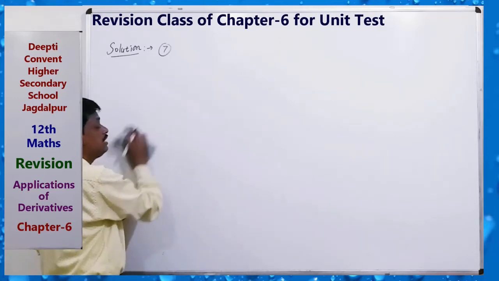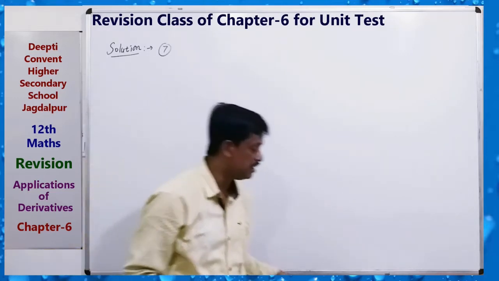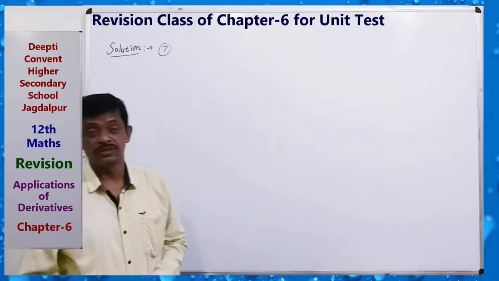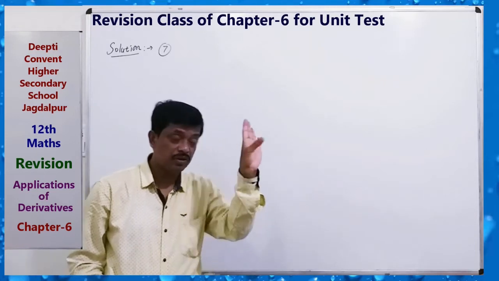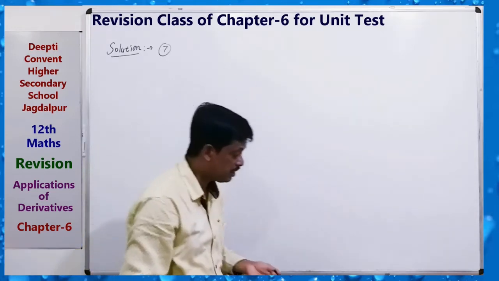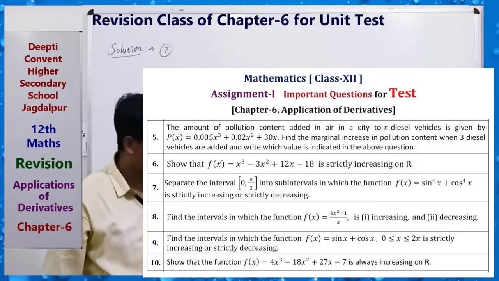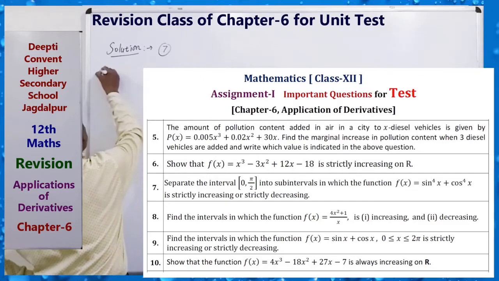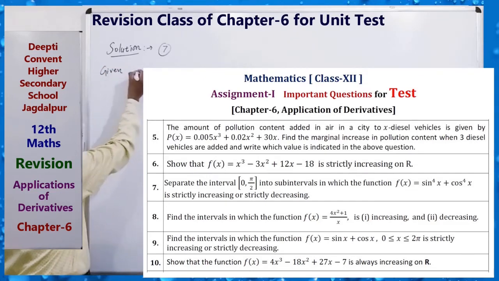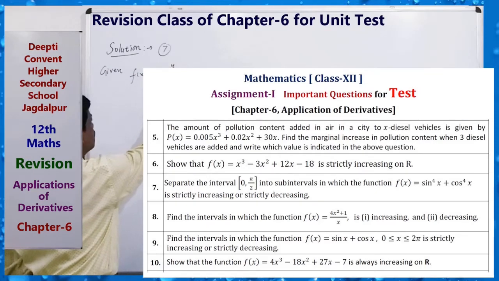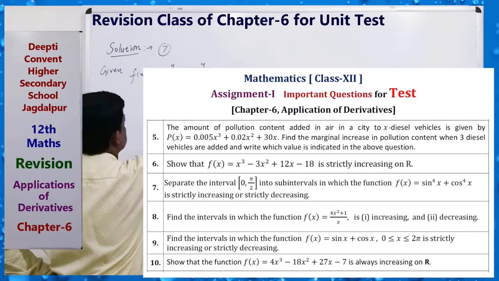This is the method for finding. Here it says to separate the interval 0 to pi by 2 because these are trigonometric functions, so the domain is bound to 0 to pi by 2. In 0 to pi by 2, the given function is f(x) equals sin power 4x plus cos power 4x.